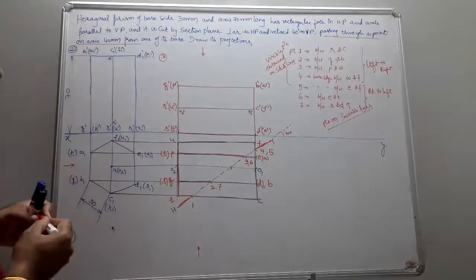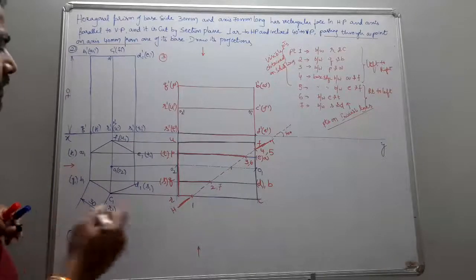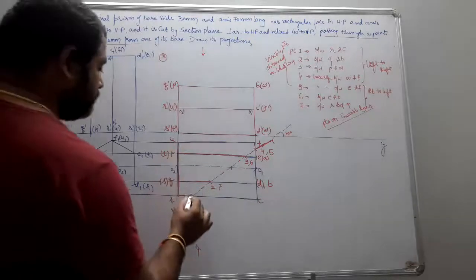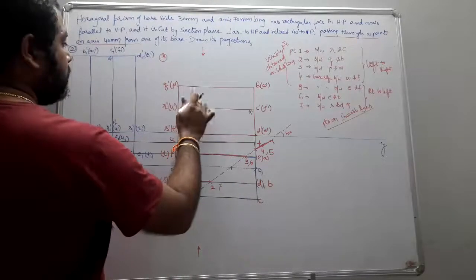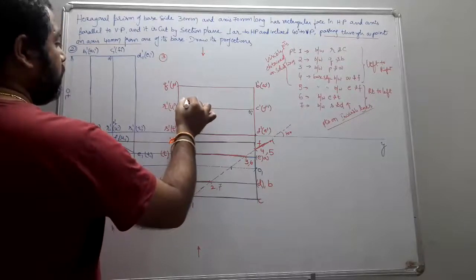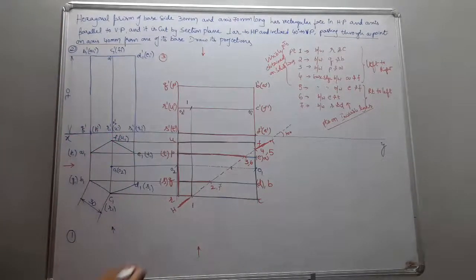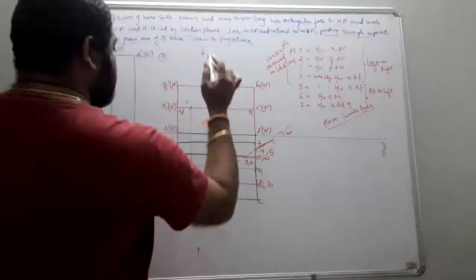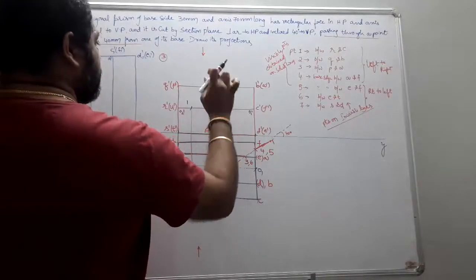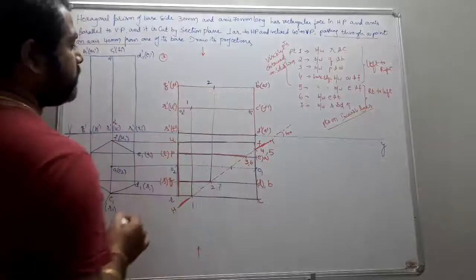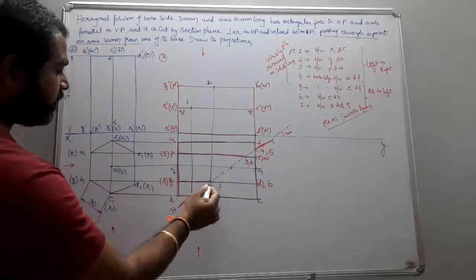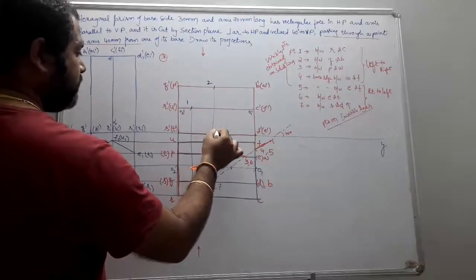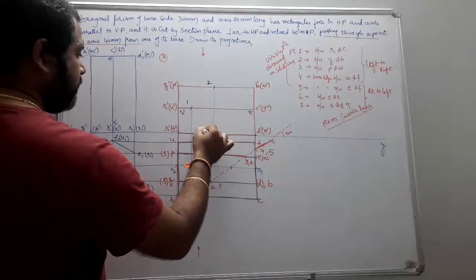Next, project the points to the respective positions. Point 1 is in between R and C, so this becomes your point 1. Next, point 2 is in between Q and B, so this becomes your 2. Point 7 is also in between S and D. This becomes your point 7.